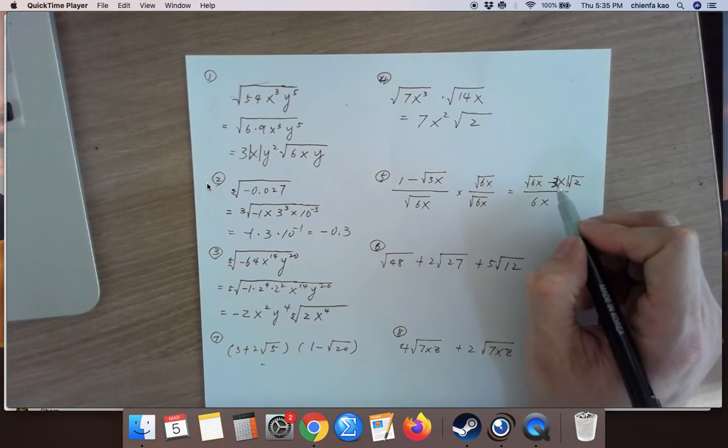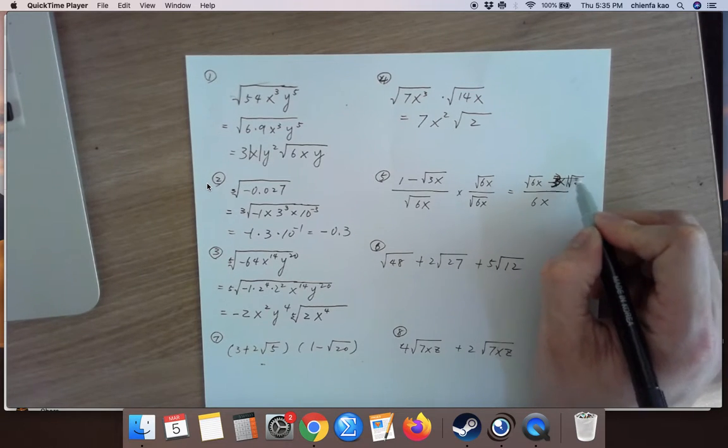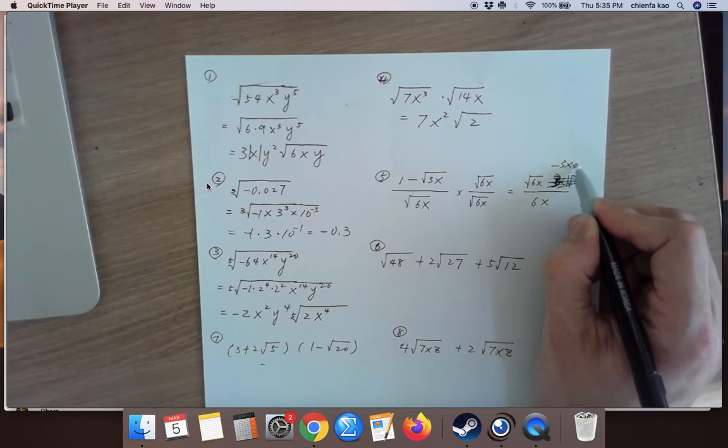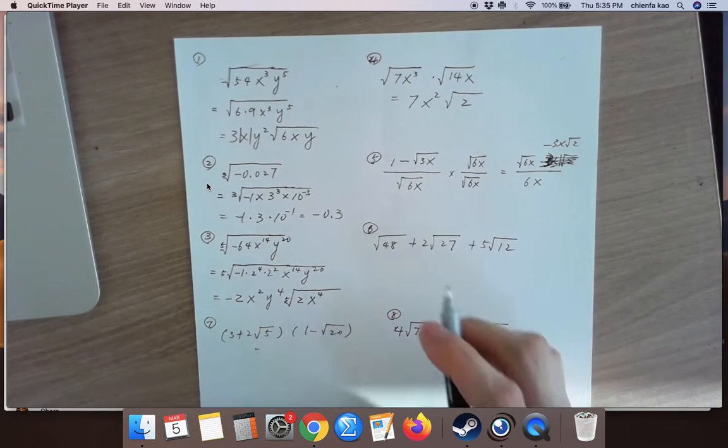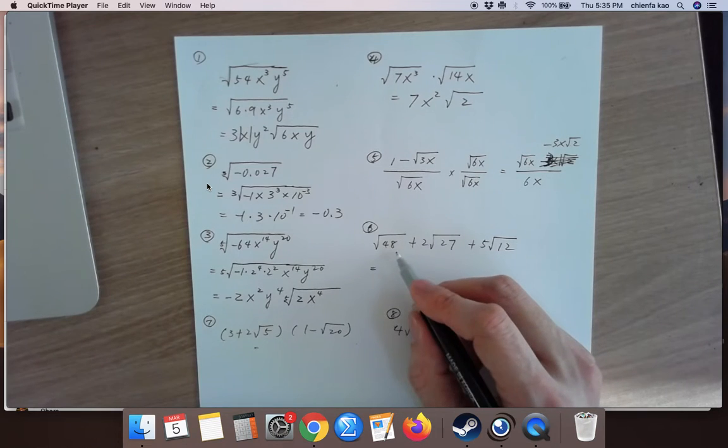So technically, this absolute value does not need to be there. Okay, number 6. All right.